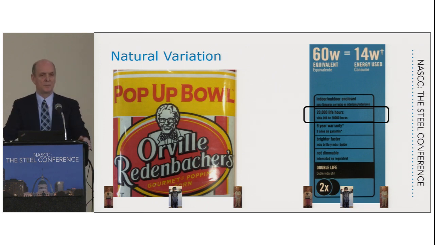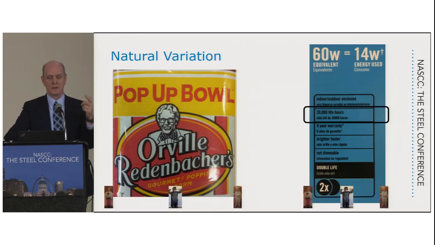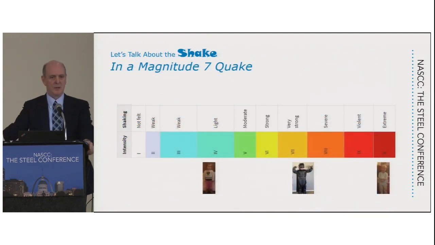So there's natural variation in children, there's natural variation in popcorn, there's natural variation in light bulbs, and almost anything that occurs in nature, there is natural variation. Now that's important because earthquakes are no different. There is natural variation in earthquakes. So it's difficult and impossible for us to say this earthquake will cause this level of shaking.